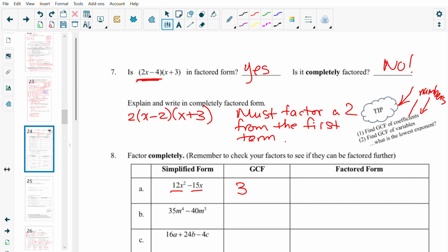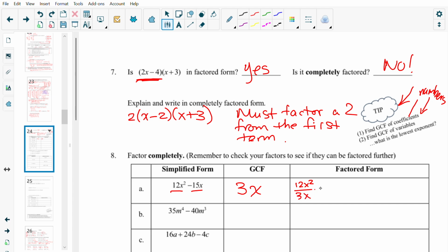And then for the variables, I have an x squared and an x. It's the same variable, different exponent. The greatest common factor of variables that are the same but with different exponents is to pick the one with the lowest exponent, and that's the exponent of 1, or just x. So your greatest common factor is 3x. That's the fast way to get greatest common factor.